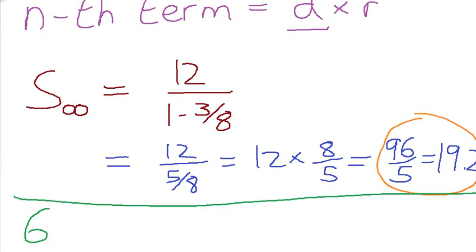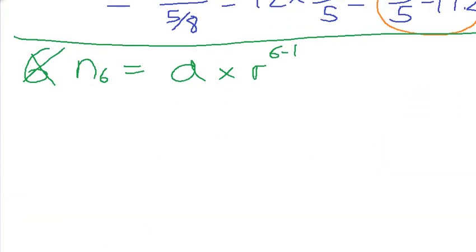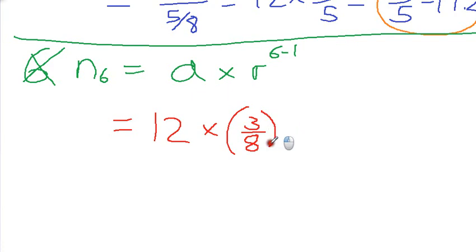The sixth term is going to be, let's not write a 6 there, let's have n of 6, a times r to the power of 6 minus 1. So let's go for it. What is that going to be? Well, we're going to have 12 times 3 over 8 all to the power of 5.